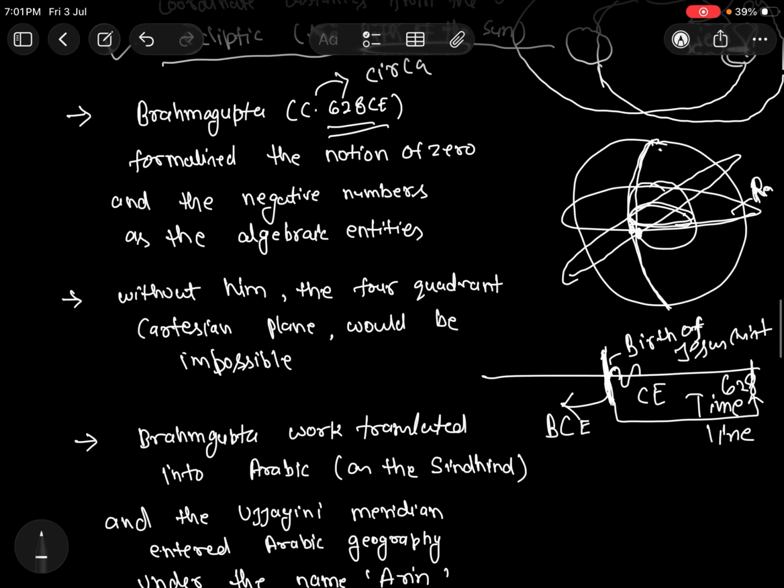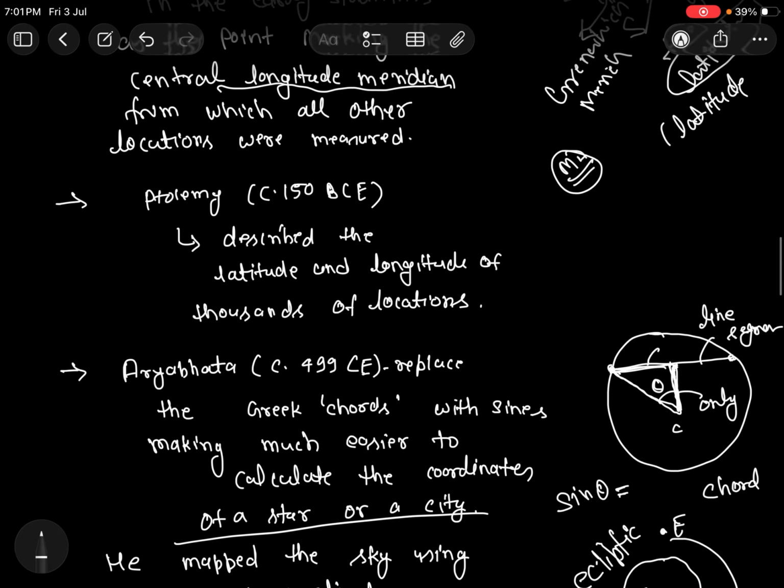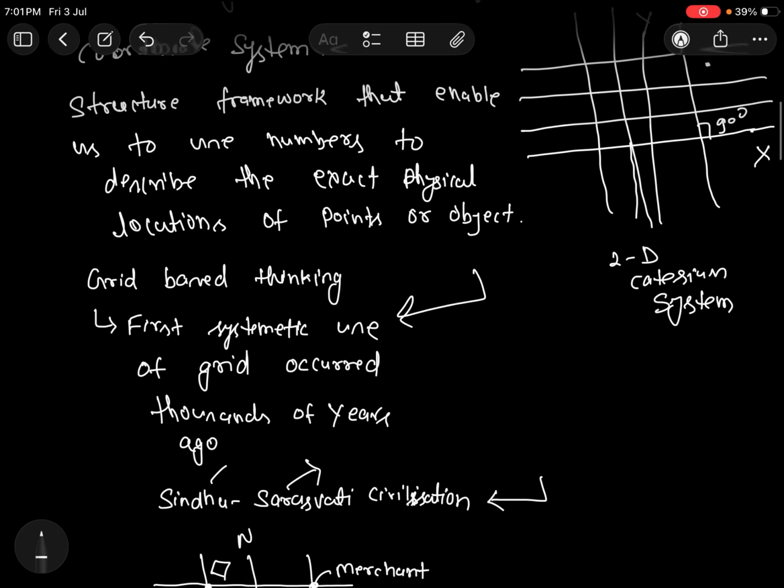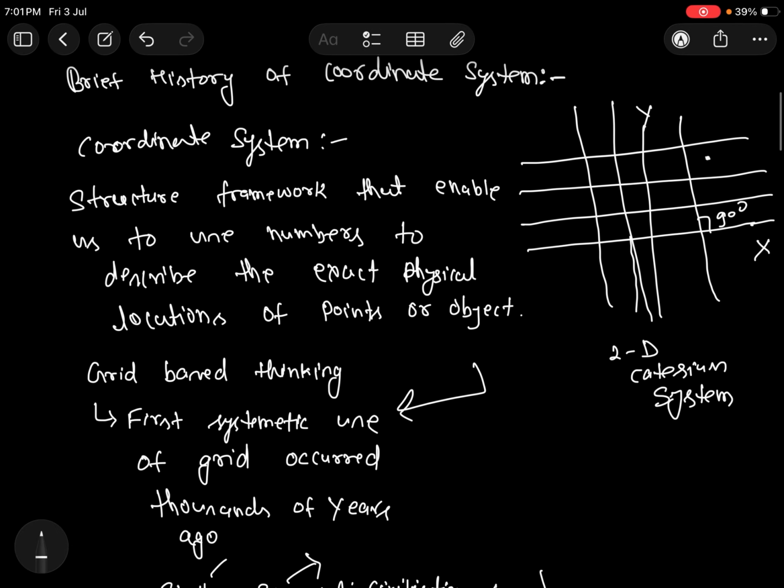Now, Brahmagupta formalized the notion of zero, and also treated negative numbers as algebraic entities. When we discuss the 2D coordinate system, we take a point as the origin, zero. So without zero, how can we take this origin? It was a major event in the development of the coordinate system.